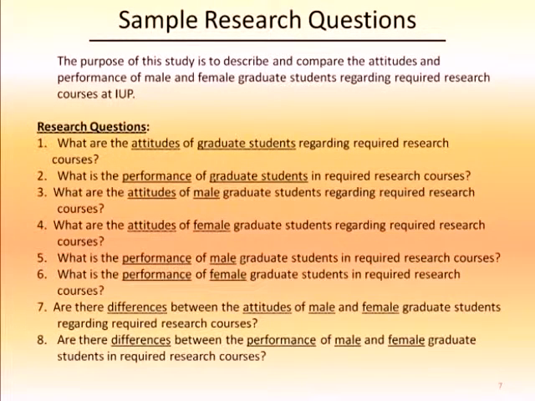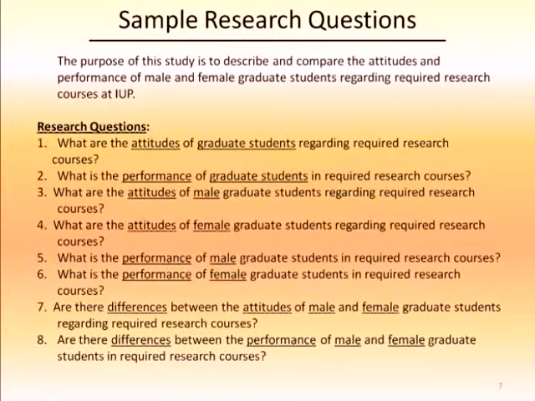So let's look at the first research question. What are the attitudes of graduate students regarding the required research courses? The answer to this question will come from the attitude questionnaire that we're going to give to the students, and it will be aggregate data that will represent all graduate students in terms of their attitude.